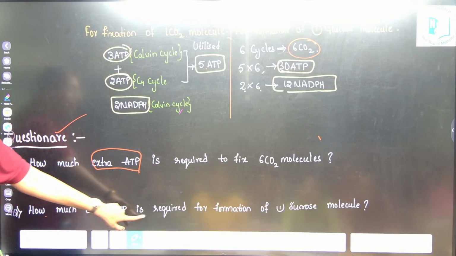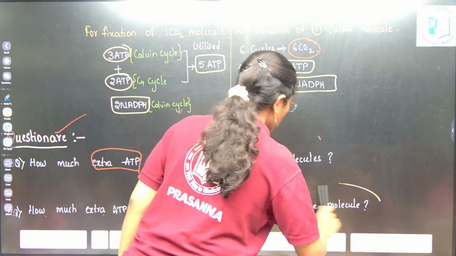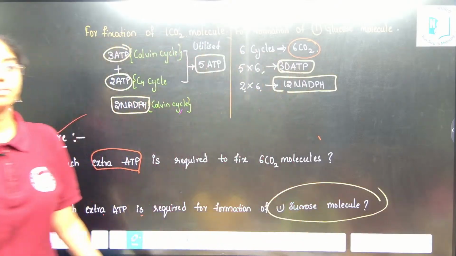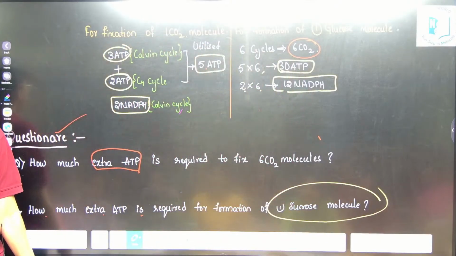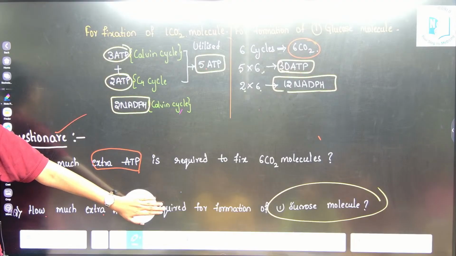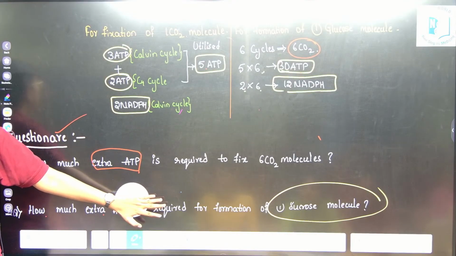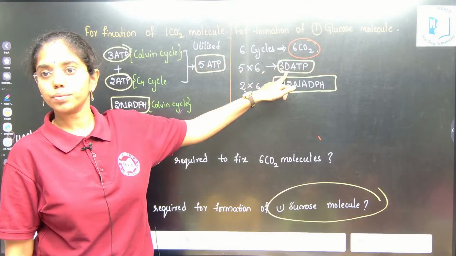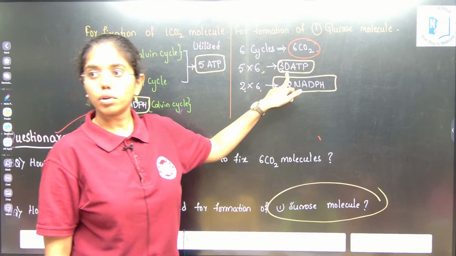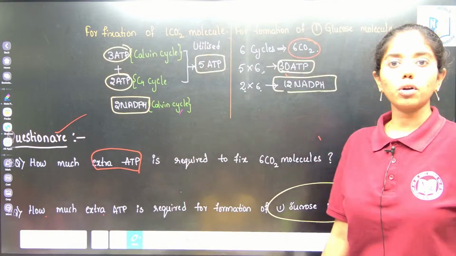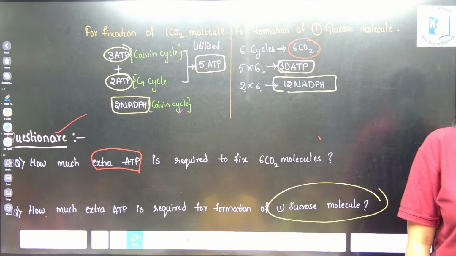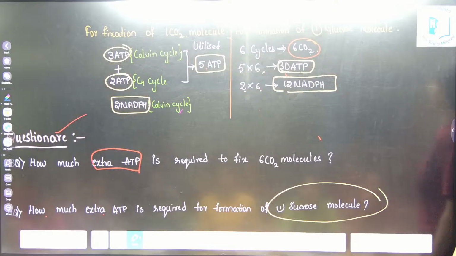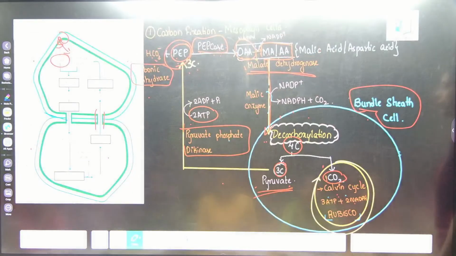How much extra ATP is required for the formation of 1 sucrose molecule? 12 into 2, 24. If extra is not asked, and total ATP is asked, then you have to take 30 for 1 glucose. 2 glucose molecules or 1 sucrose, so it is 60 ATP. Understood, ma? Everybody, take down C4 cycle.